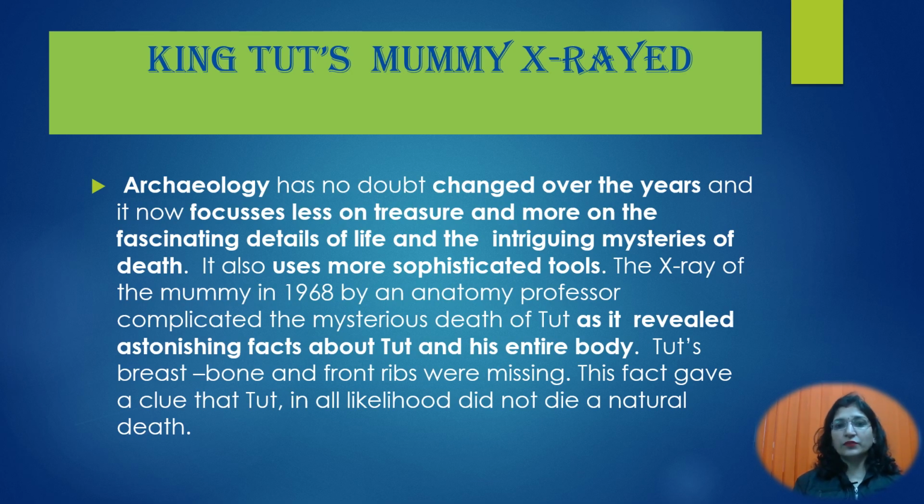The X-ray of the mummy in 1968 by an anatomy professor complicated the mysterious death of King Tut because it revealed astonishing facts about Tut and his entire body. Tut's breastbone and the front ribs were missing. Now, this fact gave a clue that King Tut, in all likelihood, did not die a natural death.